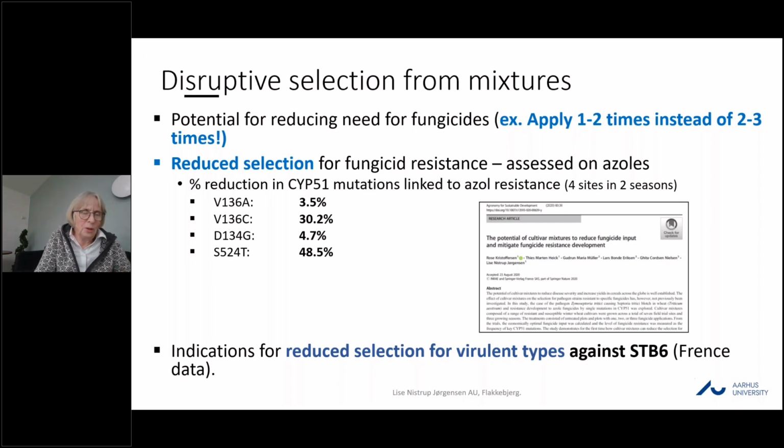When it comes to virulence, to show that there is a benefit on virulence against rust or septoria and other diseases, there's not that much data available, but there are some French studies which have shown that particularly the virulence against SDB6 has been reduced when growing variety mixture. So that is also looking positive, that there could be a benefit here.